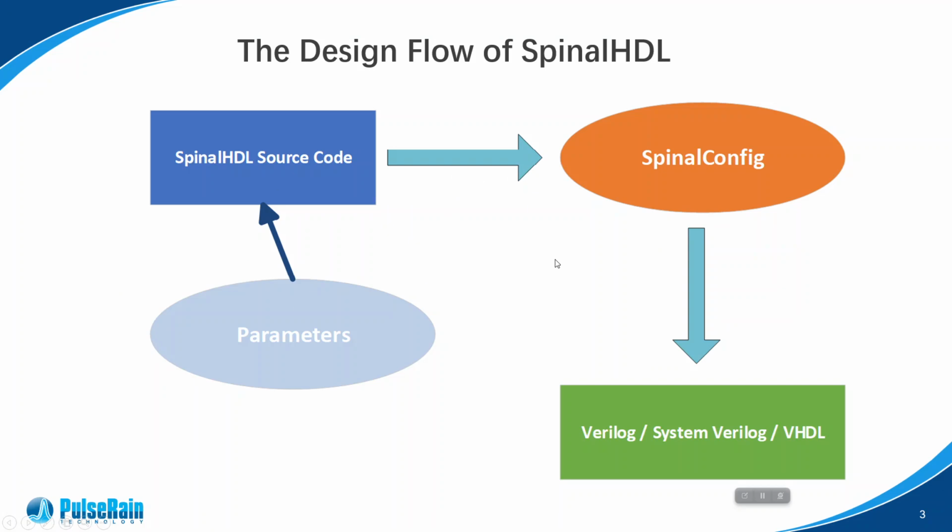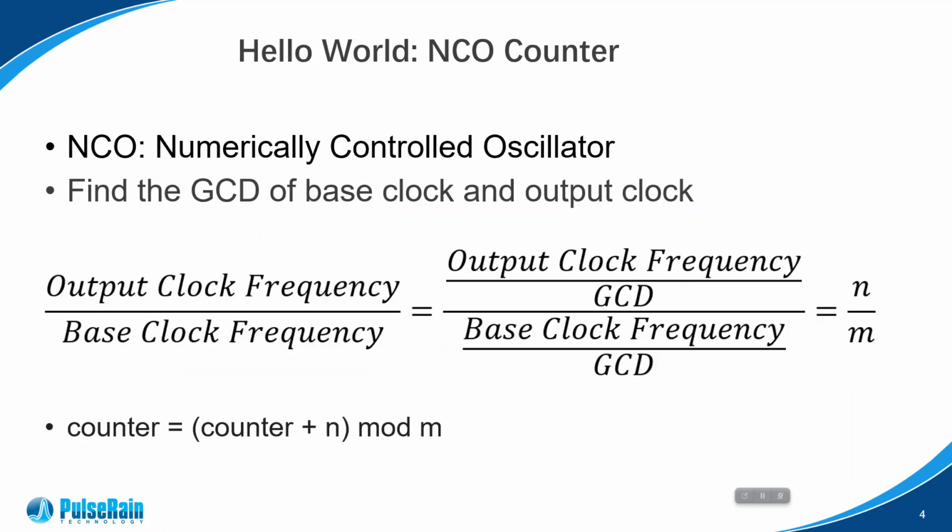Now let's take a look at the code itself. But before we take a look at the code, I want to give an explanation of basically the background of this Hello World example. The Hello World example actually is an NCO counter. NCO stands for numerically controlled oscillator. Basically, say we have a base clock, and we want to generate an output clock based on this base clock.